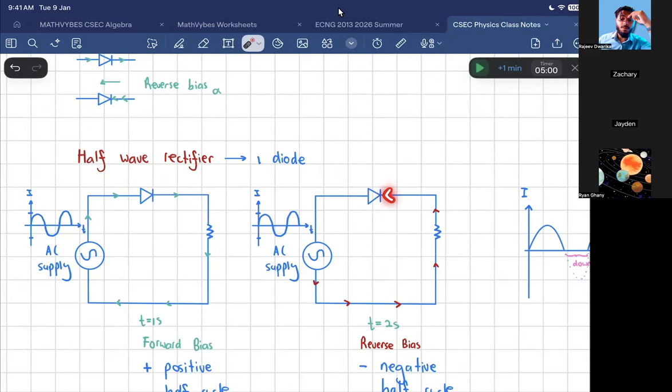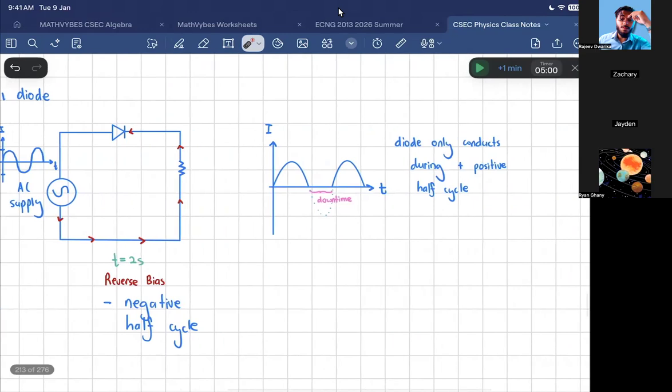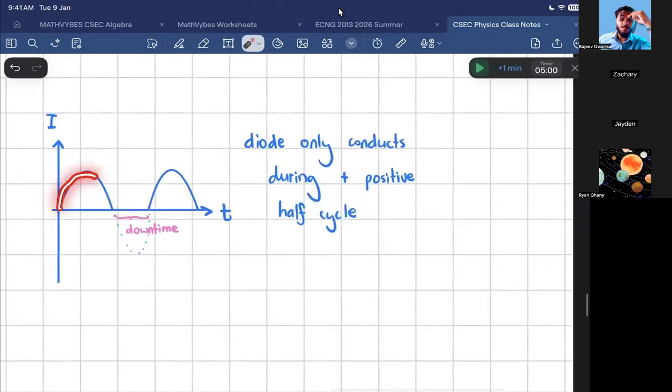And so that's going to form an open circuit. So during the positive half cycle, you'll conduct current. During the negative half cycle, it's going to be in reverse bias and the diode is going to block the flow of current. Then the direction of current is going to switch again and it's going to be in forward bias, so it'll conduct. But there's clearly a downtime.